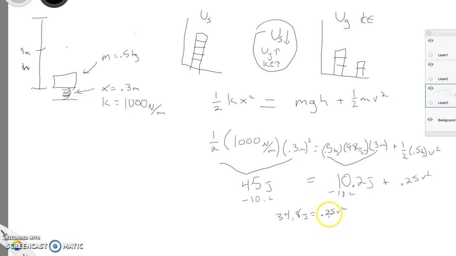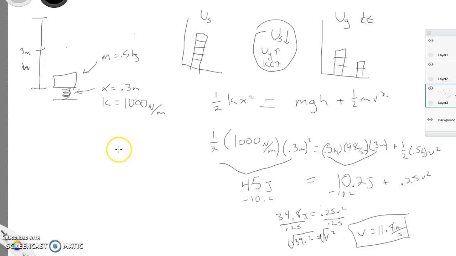We're going to divide by 0.25, and we get 139.2 equals v squared. The last step is to take the square root of both sides and find that the velocity is about 11.8 meters per second. So that's about how fast the box is going when it gets to 3 meters.